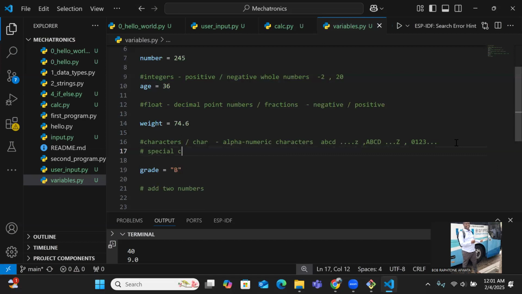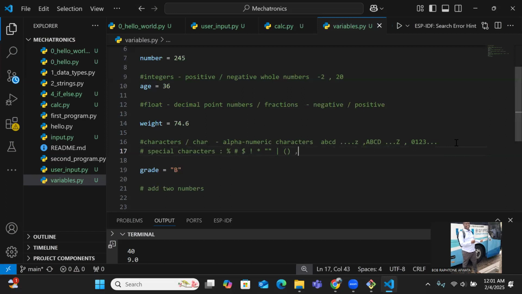Special characters. For example, on your keyboard, you have the percentage sign, the dollar sign, the exclamation mark, the star, all those characters on the keyboard.